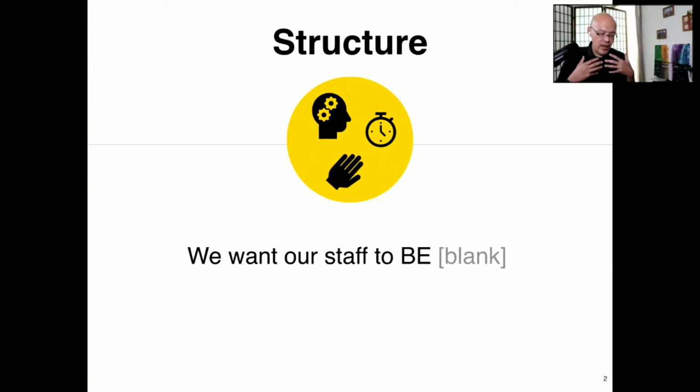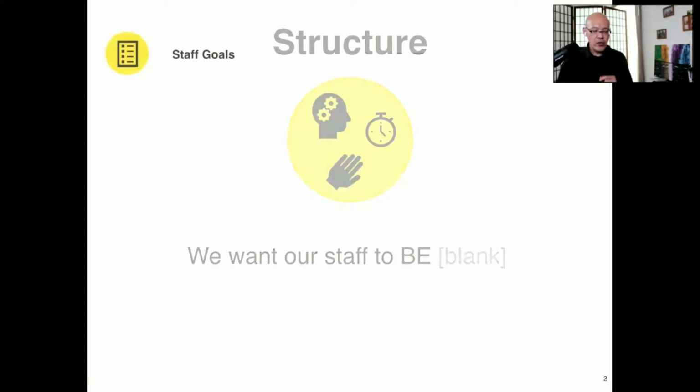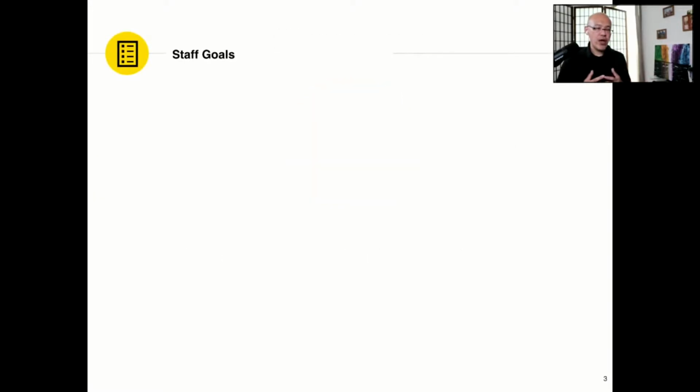The answer to that question would give you the answer to this statement. Once you have the statement, you know what kind of staff you want to have. And the way to actually implement this is what I call the be, have and do framework.